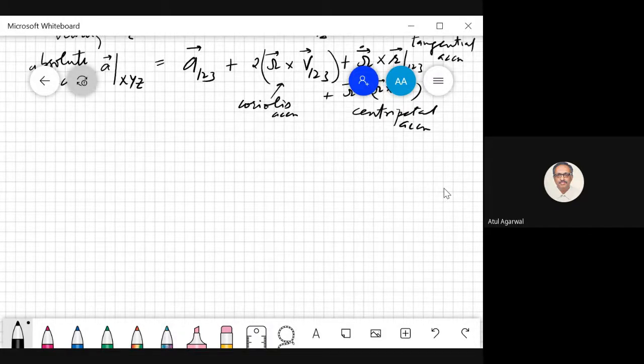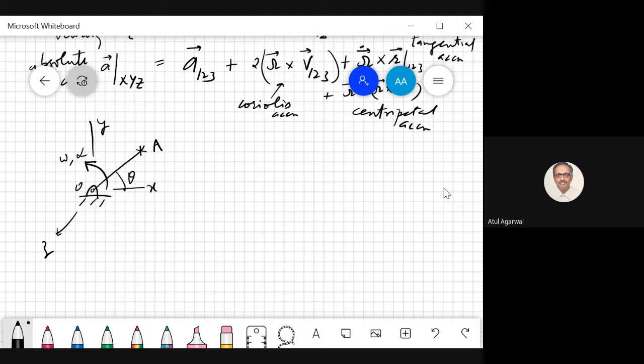You take a bar. This bar is spinning about this hinge O. This is my coordinate system x, y, z. Currently this angle is theta. There is a point on the bar, A. Angular velocity is omega.